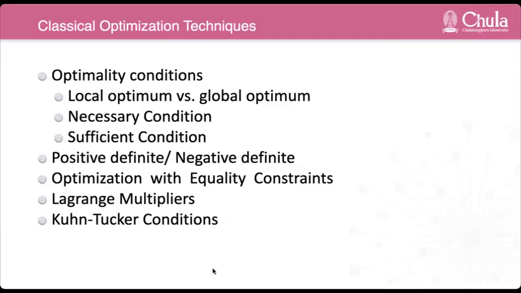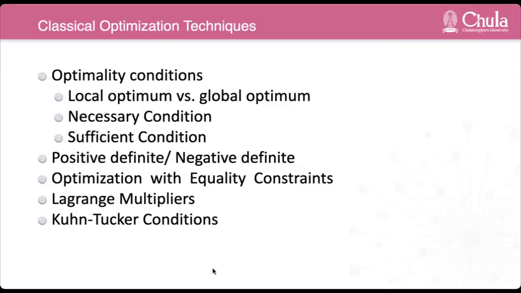The topic we're going to discuss today is classical optimization technique. The first topic is optimality conditions. For example, if you know the surface, I mean the objective function, how can we make sure that this point is the optimum point? How to define the optimum point.